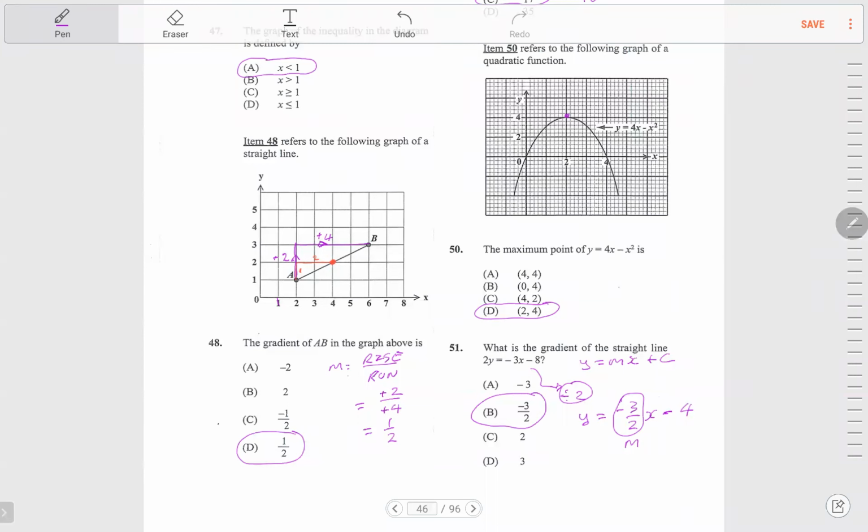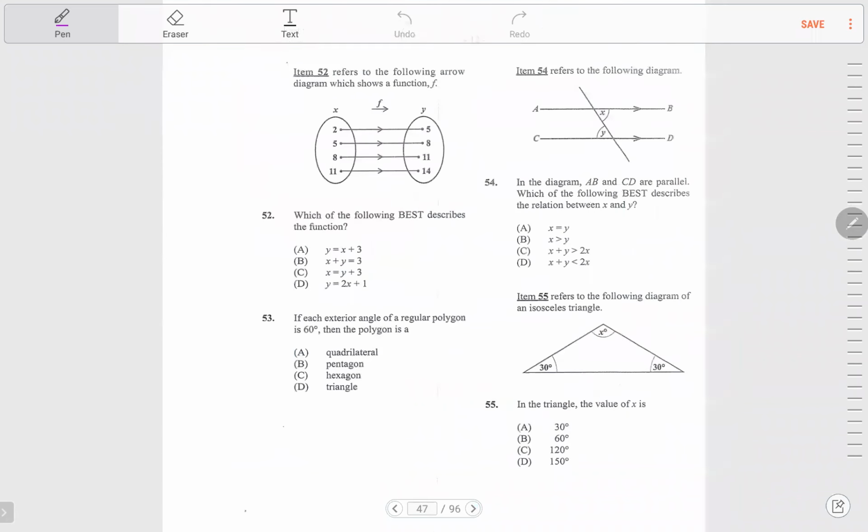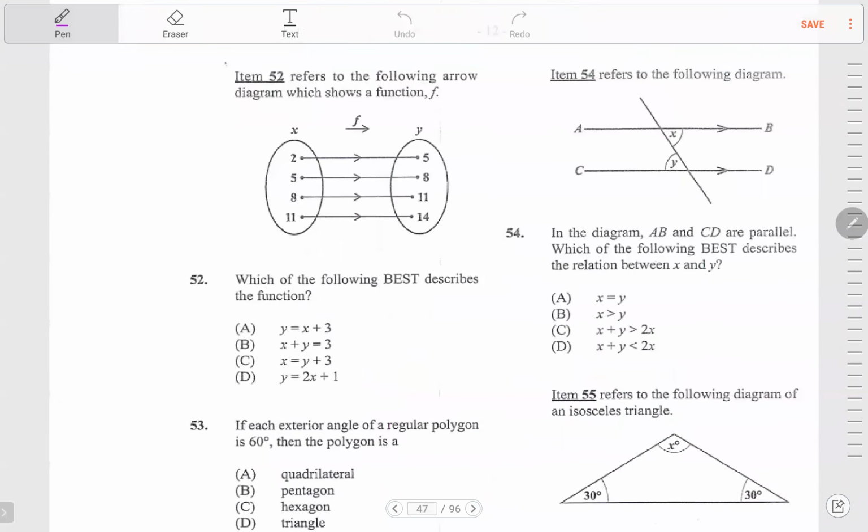Moving on to the next one. Number 52 says, which of the following best describes the function? So basically, how do we go from this value to this value? Right? And obviously, looking at it, you add 3.